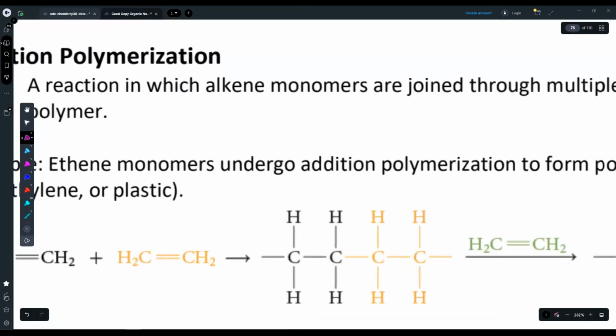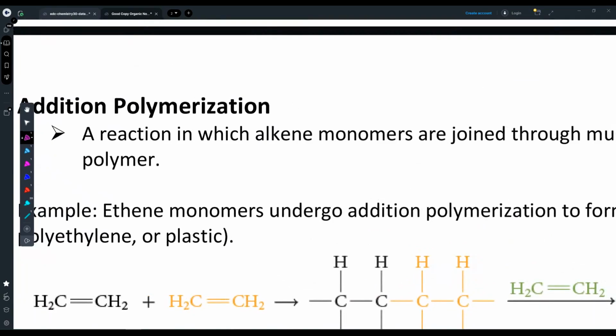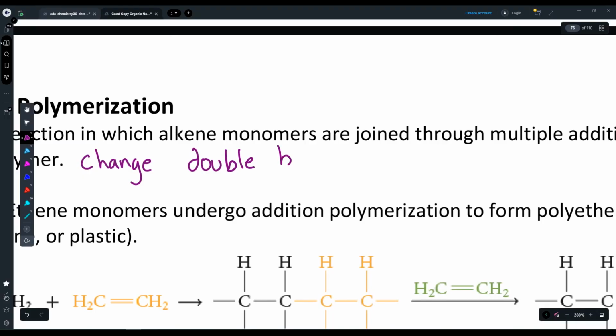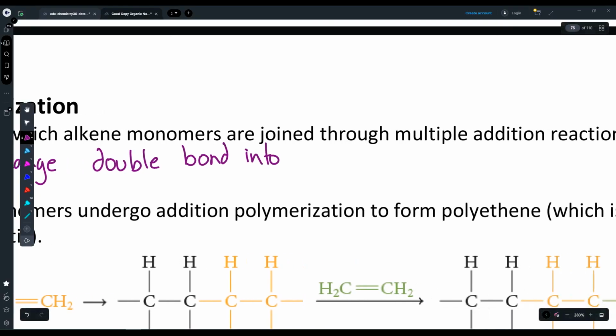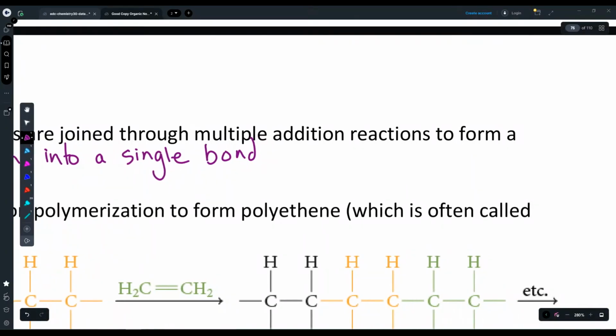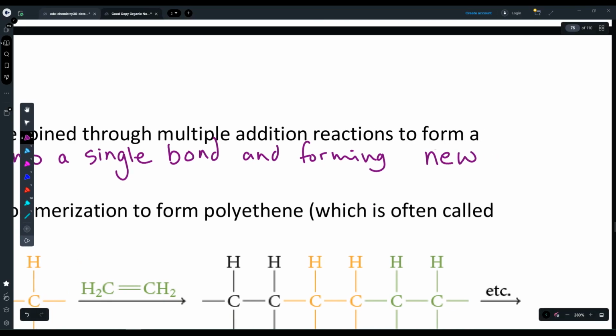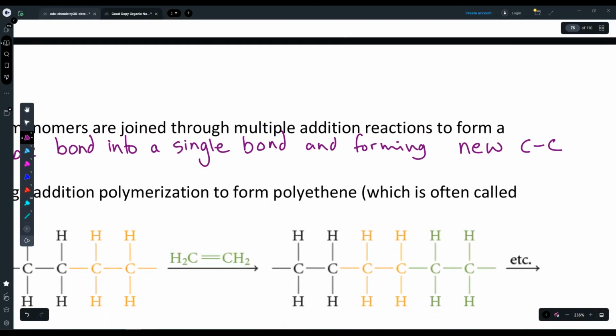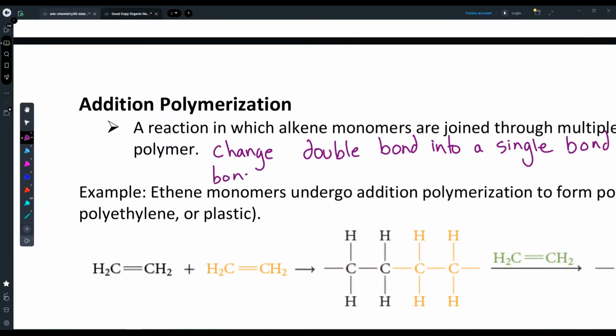Effectively, what's happening in these reactions is we're changing the double bond into a single bond, and you're forming new carbon-carbon bonds, not just one new carbon-carbon bond, between monomers.